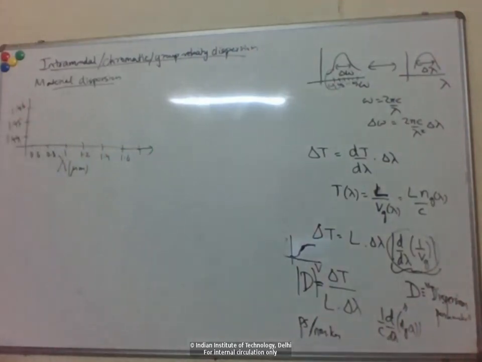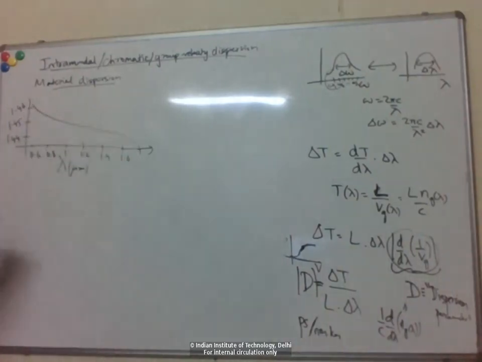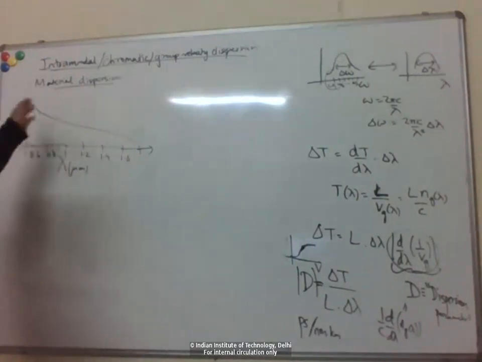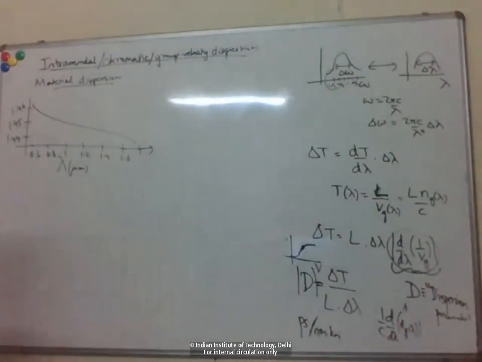But it's not exactly, and it varies a little bit with wavelength. So typically, the refractive index goes down with increasing wavelength. So this behavior is true for any material. Any natural material you pick up, if you look at the refractive index with wavelength, it always goes down with increasing wavelength.